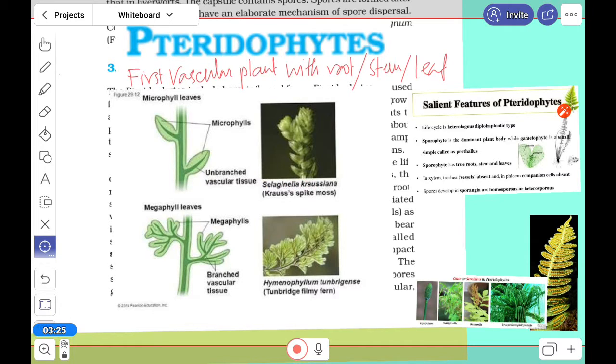The megaphyll is much bigger in size, and the vascular tissue forms branches.